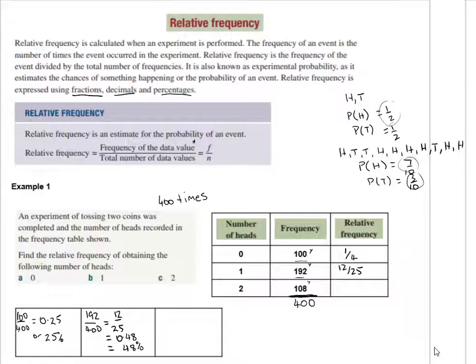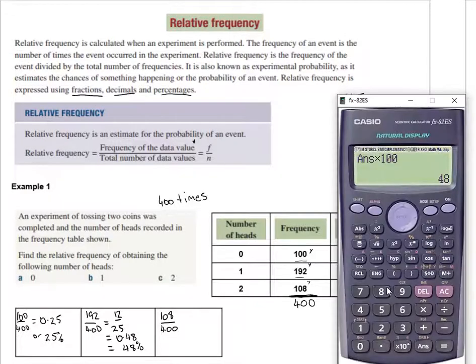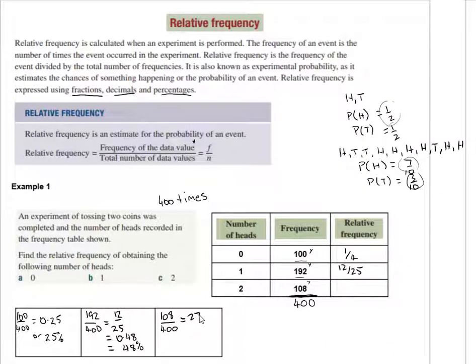Now the last one, the relative frequency of two heads is going to be 108 out of 400. So we'll get our calculator and get our fractions button and do 108 over 400 equals 27 over 100.